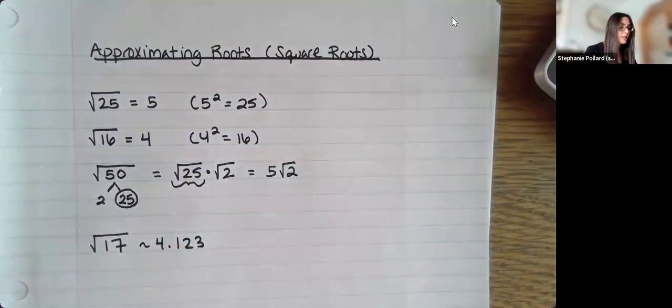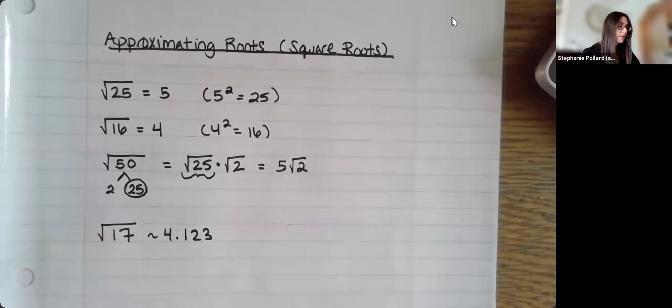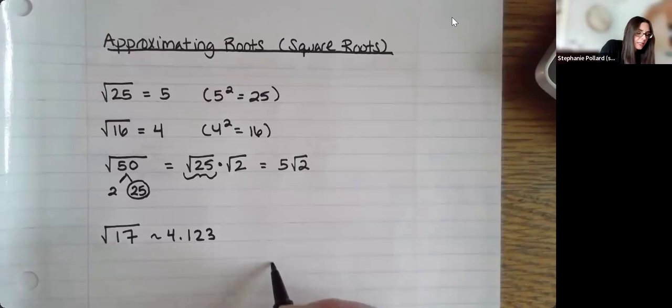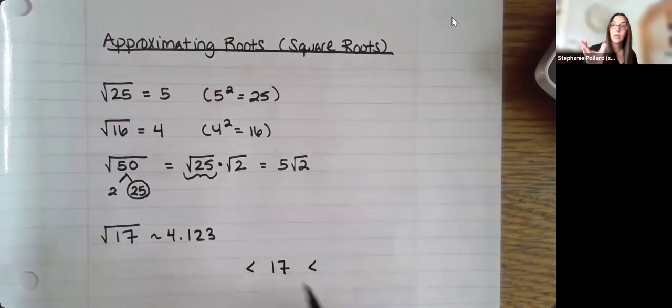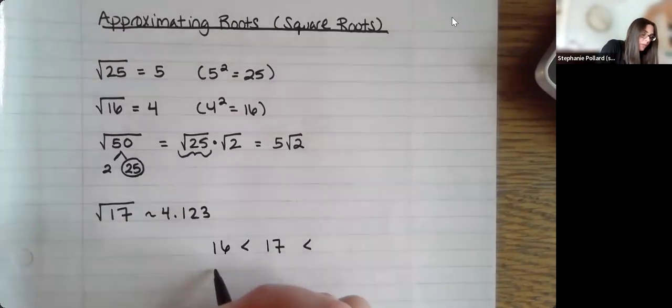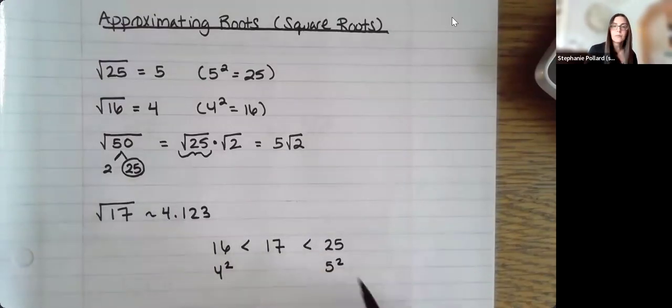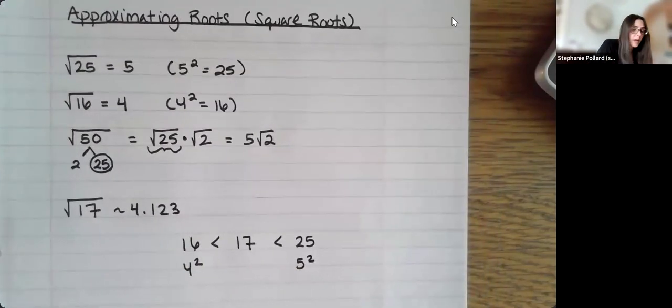Now the thing is, we would like to check that this actually does make sense. Now, I chose these examples particularly for a reason. So notice if I think about the number 17, well, it's not a perfect square, but it is in between two perfect squares, right? It's in between 16, which is 4 squared, and 25, which is 5 squared. It doesn't hurt to know your squares, by the way.